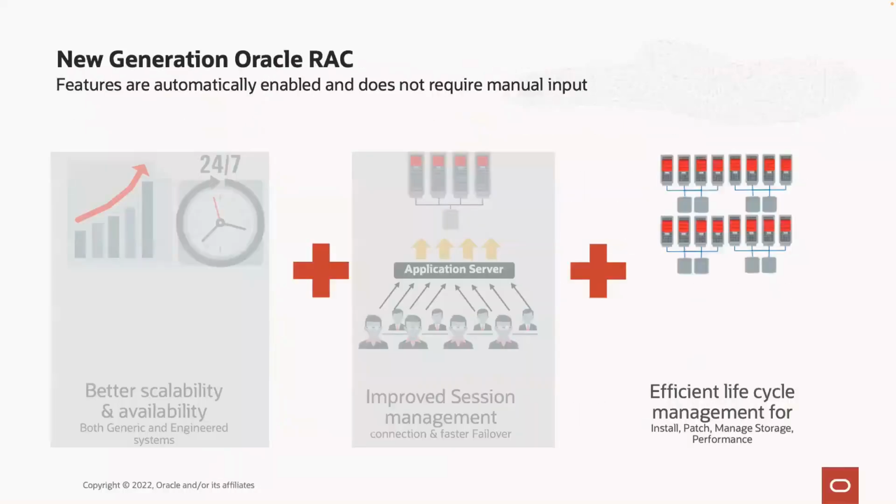Okay. So now I've taken care of showing the features that help the server. I've taken care of all the session specific benefits. But one thing that I've not covered enough in the past is talking about efficiently managing multiple Oracle Real Application Cluster deployments, what I call lifecycle management for my database.